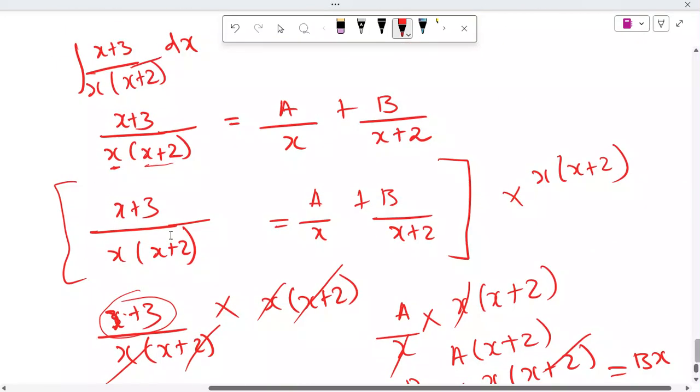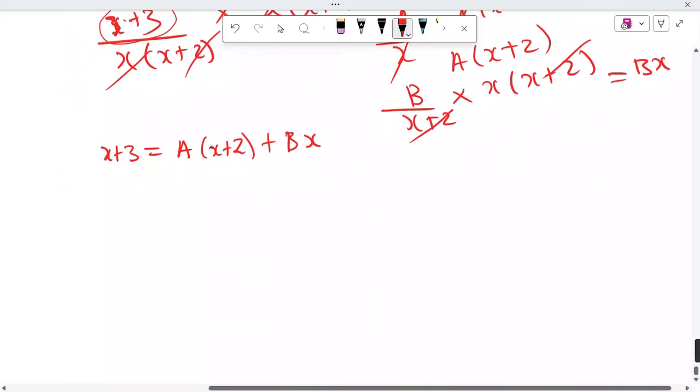For those who are sharp, it's very easy. What you should do is you just get the numerator here. Then A is being multiplied by the denominator of B, and B is being multiplied by the denominator of A. That's all. That's what we have done here. So don't be confused. This is the numerator of B, and this is the numerator of A.